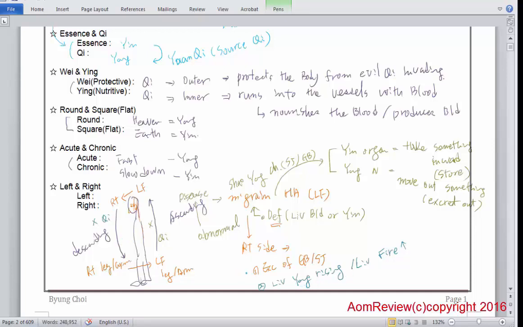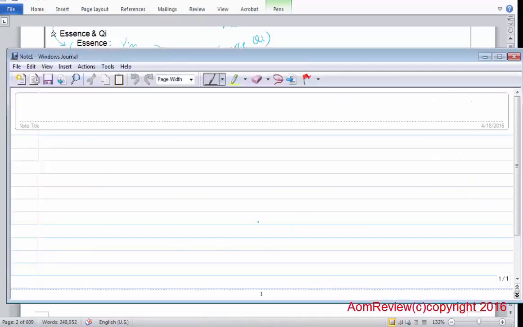So for this reason, for someone with a migraine headache on the right hand side, we mostly call this condition more of an excess type, especially Shaoyang excess or liver yang rising or liver fire condition. So in this way, we apply left and right in many ways. Okay, I will give you some more examples.